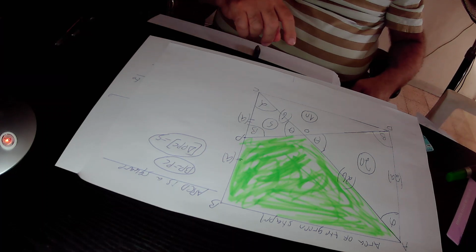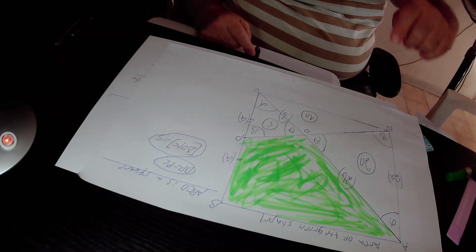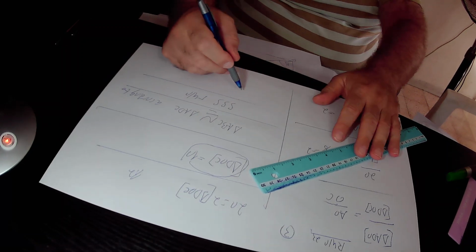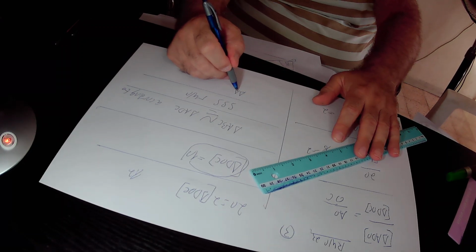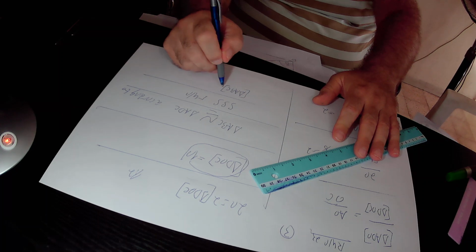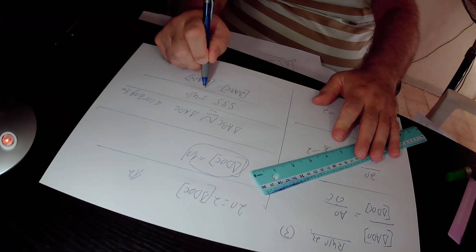That is to say, the area of this triangle ABC is equal to the area of this triangle ADC. So I write it down. The area of triangle ABC is equal to the area of triangle ADC. Any two congruent triangles must also have the same areas.